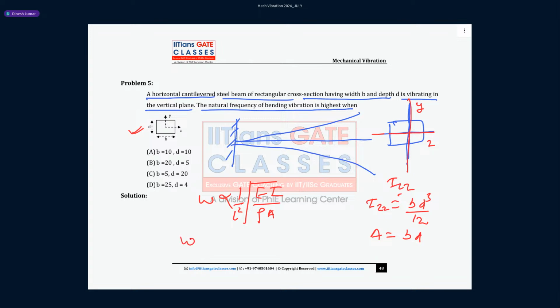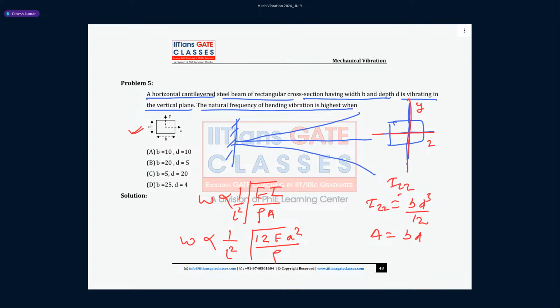Now if you substitute your inertia and area, what do you find? It is 1 by L square into under root 12 E. Now guys, B gets cancelled, so what you get is D square upon rho. Am I correct? Is this correct?